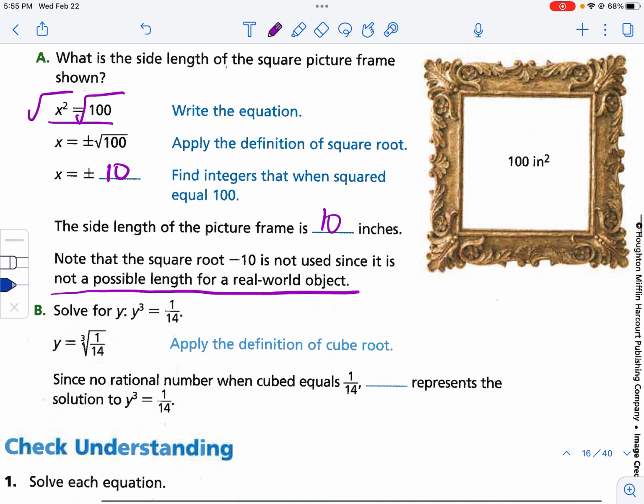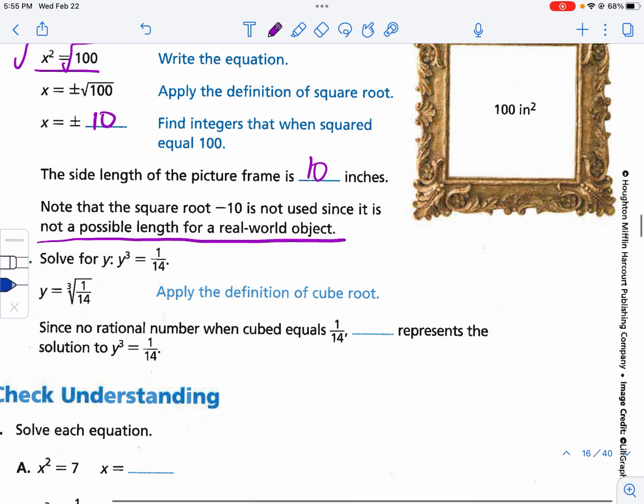Okay, so here. The cubed root of, y to the third equals 1 over 14. If I take the cubed root of both sides, we get y, and then we get the cubed root of 1 over 14.